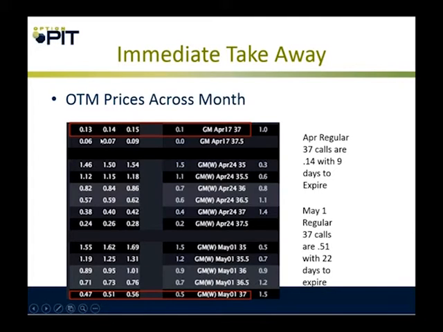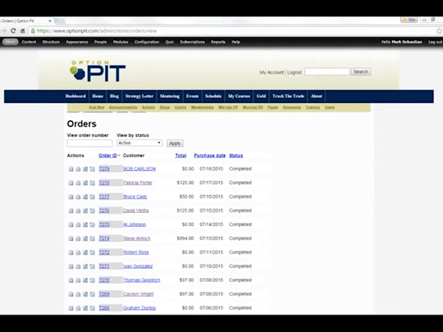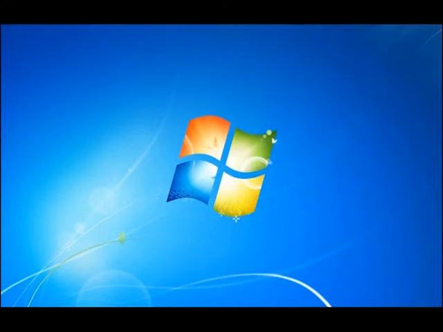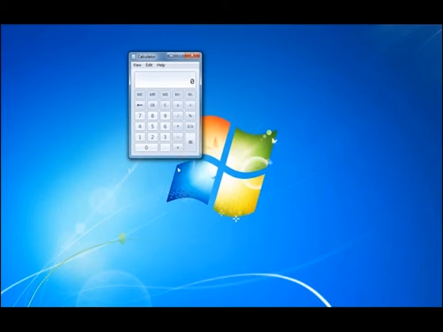So think about this. How many times does 9 go into 22? We'll pull up a calculator for you. Nine goes into 22 2.4 times.